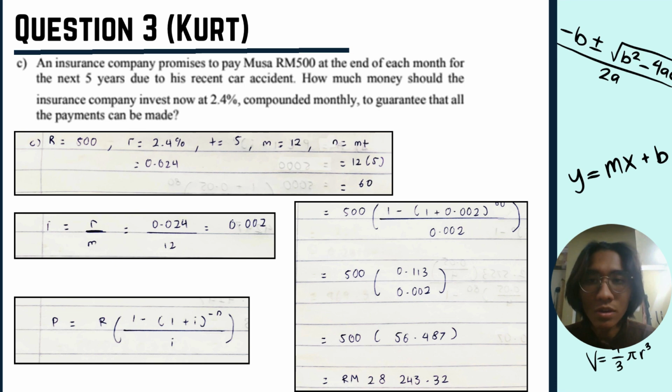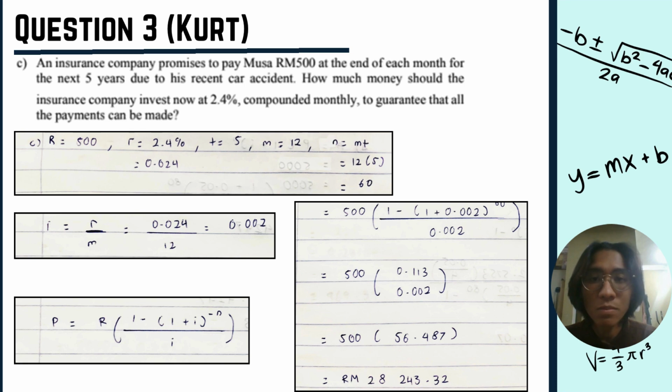The money that the insurance company promised to pay every month is 500 ringgit, and the interest rate is 2.4%, which I converted to 0.024, and the T is 5 years.